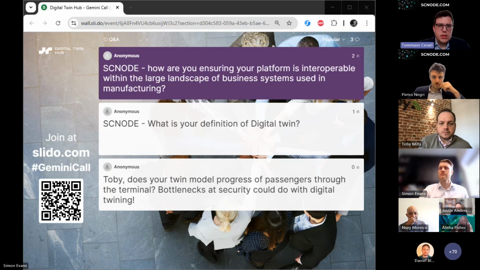Yeah, so basically, the idea behind the digital twin is that it is applied to the S&OP, which is quite a standard process in all businesses.